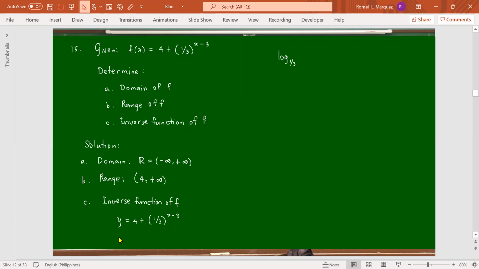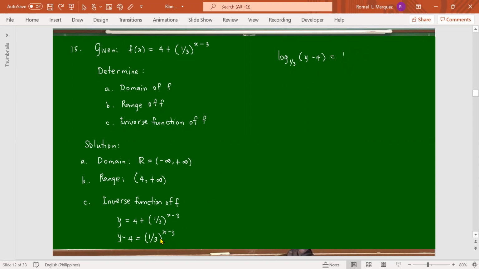After solving, y minus 4 is equal to 1/3 raised to x minus 3.